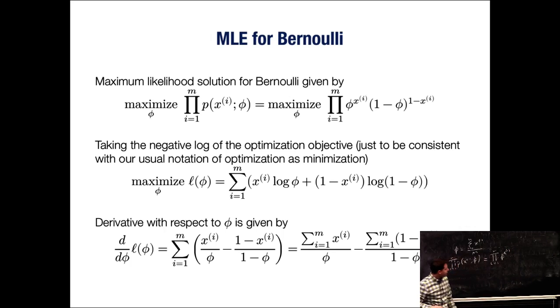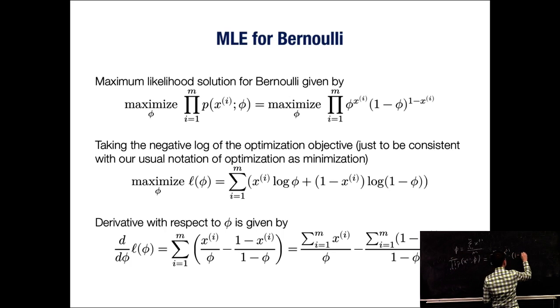Right? So if xi is 1, that'll just be phi. If xi is 0, that'll be 1, so it won't affect the product. Times 1 minus phi to the 1 minus xi. Again, if xi is 1, this term is 0, so this whole term is 1, and this is phi.